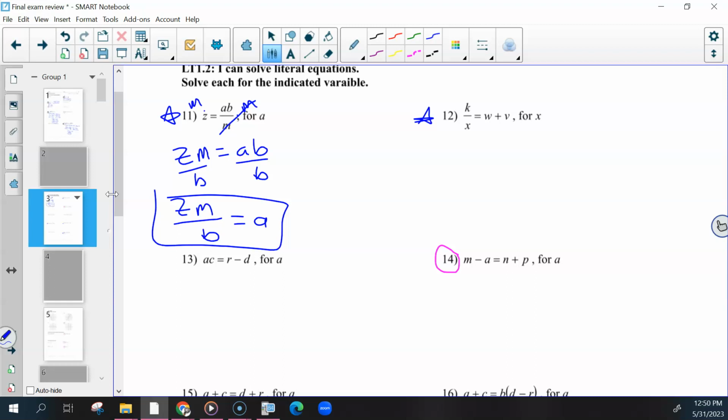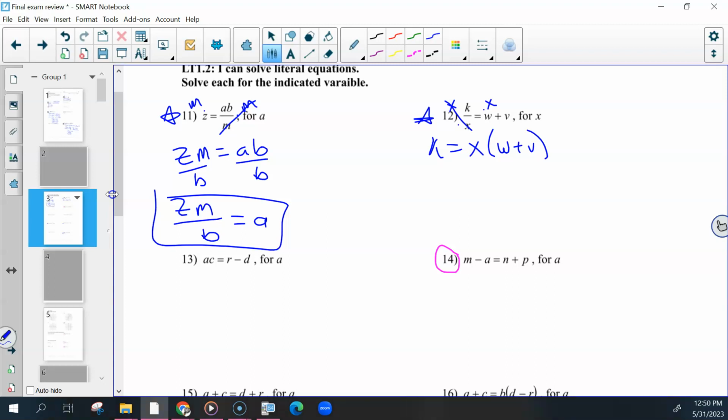Right, 12, we are solving for x. So in order to get x out of the denominator, we have to multiply it to both sides. And that's going to feel like we're not getting x by itself, but it helps the process. When we do that, I'm going to leave w plus b in parentheses and put x out in front. Then we're not going to distribute because that wouldn't get x by itself.